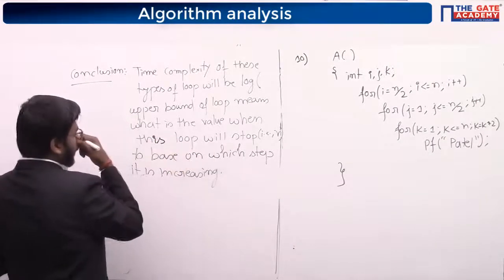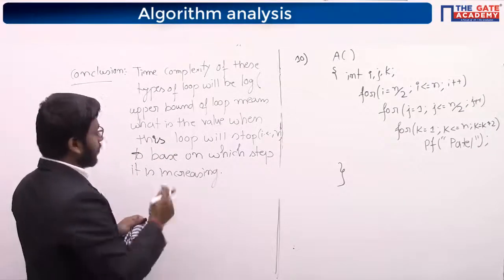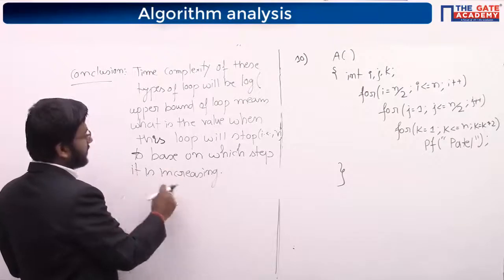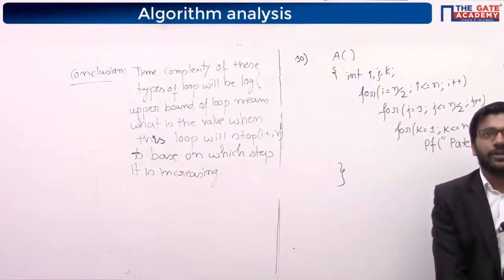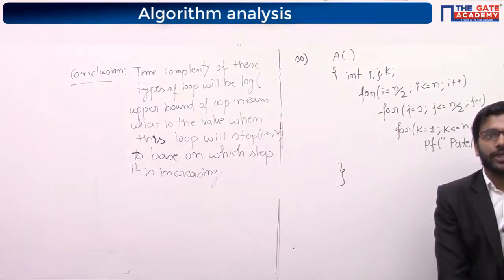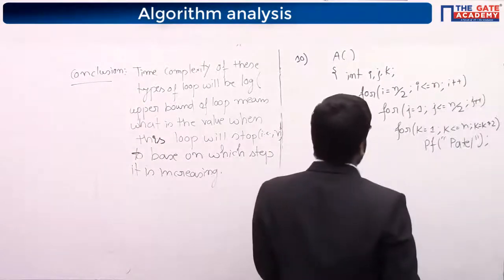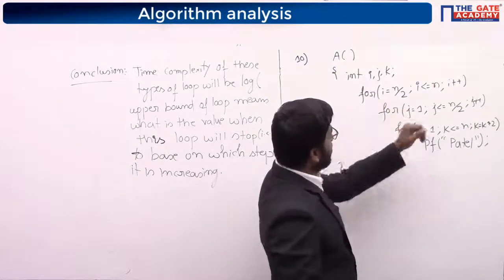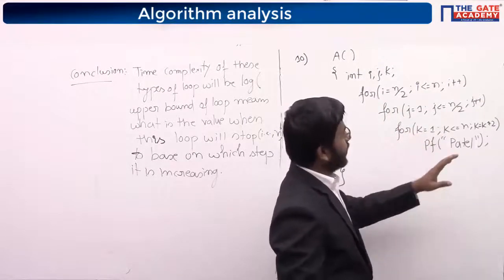This loop will stop at n, to the base of the step by which it is increasing. Yeah, n square log n base 2. Yeah, correct. Patel is also correct. Vinay is also correct. Now see, in this problem, this is running n times. This is running n by 2 times. This is running also n times.